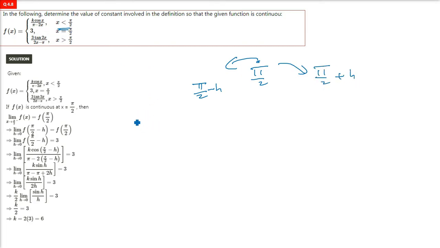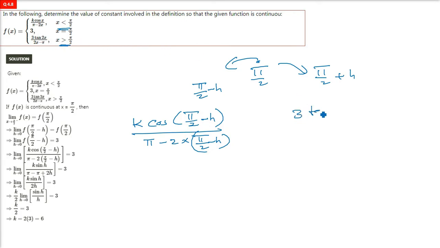So we'll use this function x less than pi by 2, k cos x, I'm replacing it by pi by 2 minus h, divided by pi minus 2 into, in place of x, just put pi by 2 minus h. On the right hand side, where it is not necessary, it is not required, but still you have to do 3 tan 2 into pi by 2 plus h, and then we have 2 into pi by 2 plus h minus pi. This you have to do, okay?